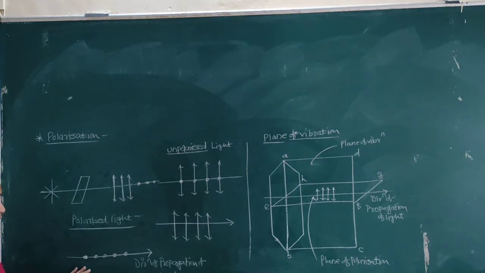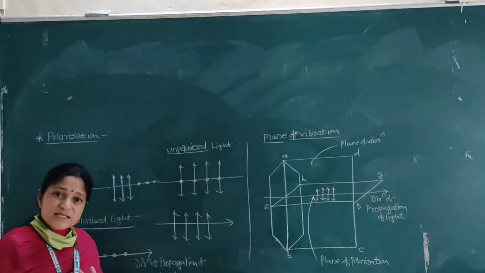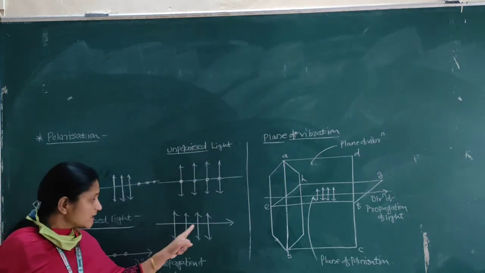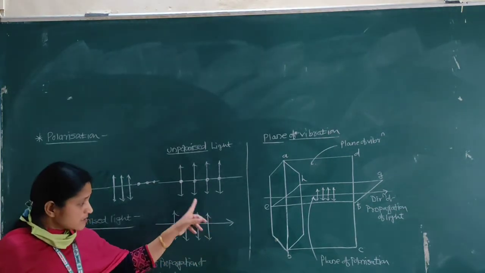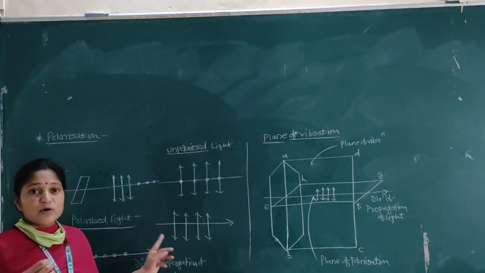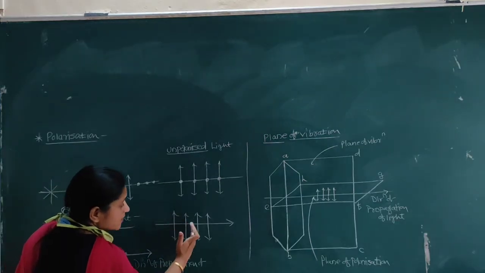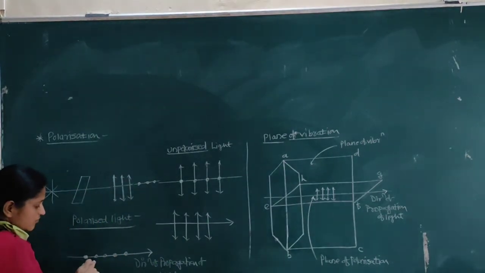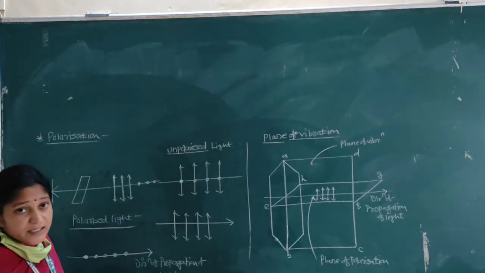Understood? So this is the polarized light. Similarly, if we represent a light by a single arrow in that direction of propagation, then it is also polarized light, because the direction of that light is along like this, and this is unidirectional.